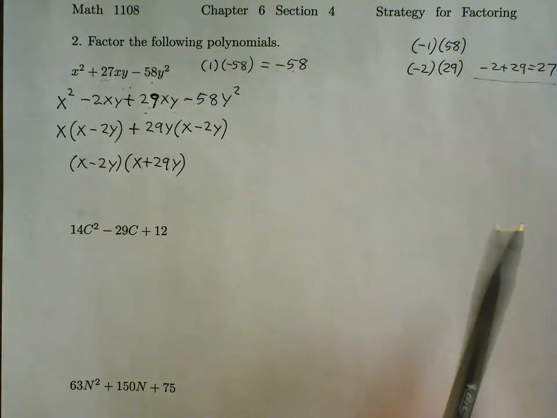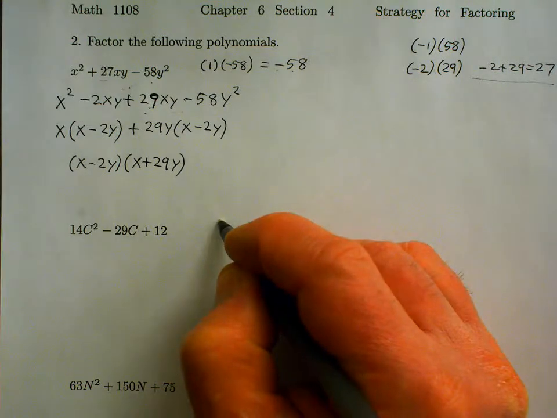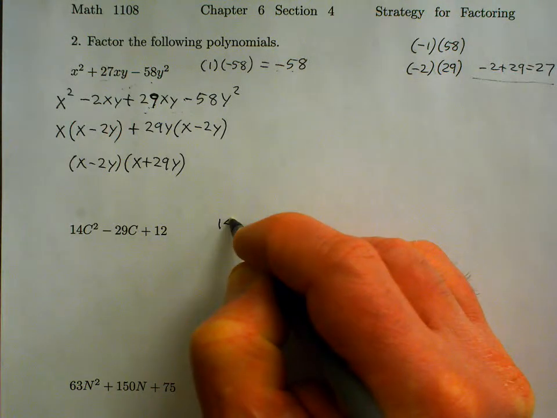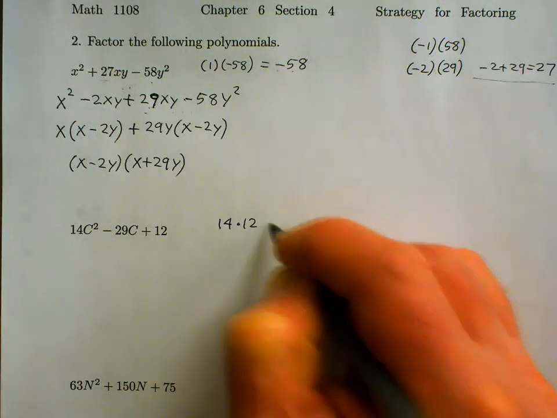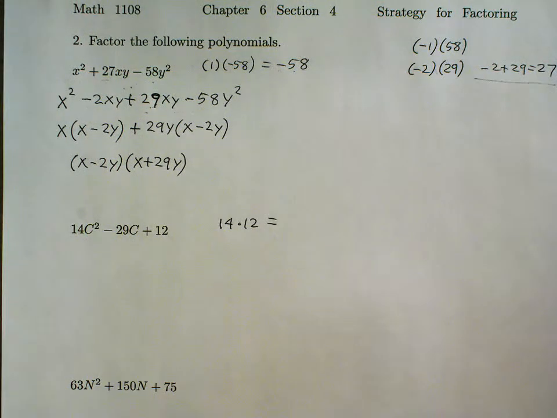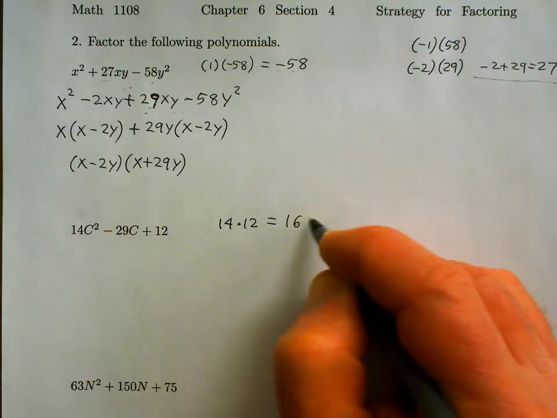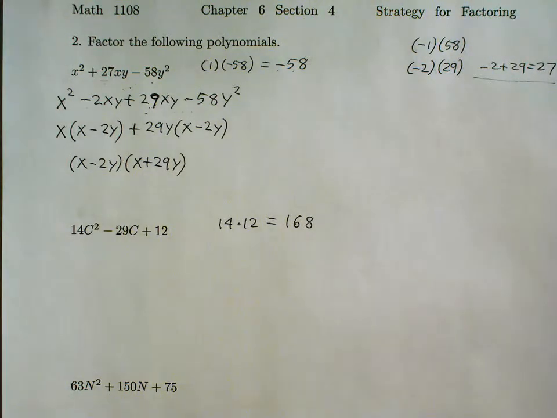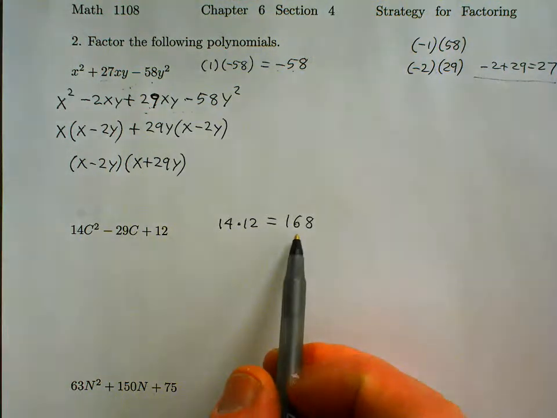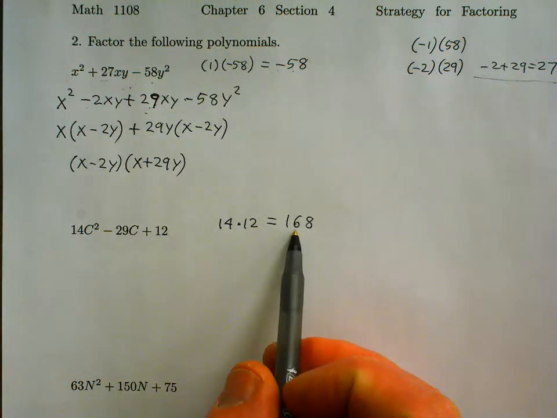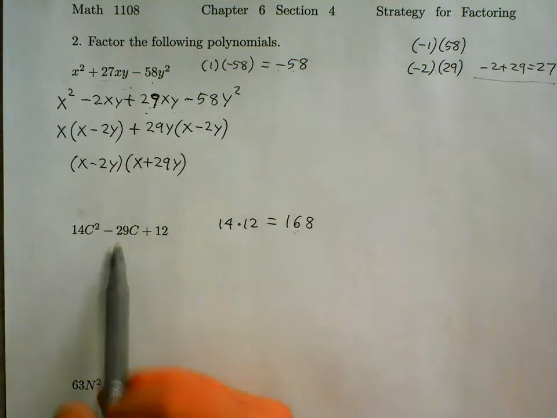So let's try the AC method. 14 times 12 is 168. So we want to see if we can find two integers that have a product of 168 and a sum of -29.